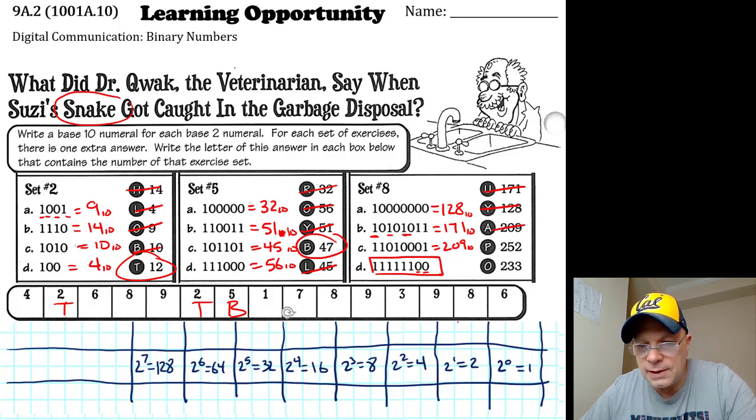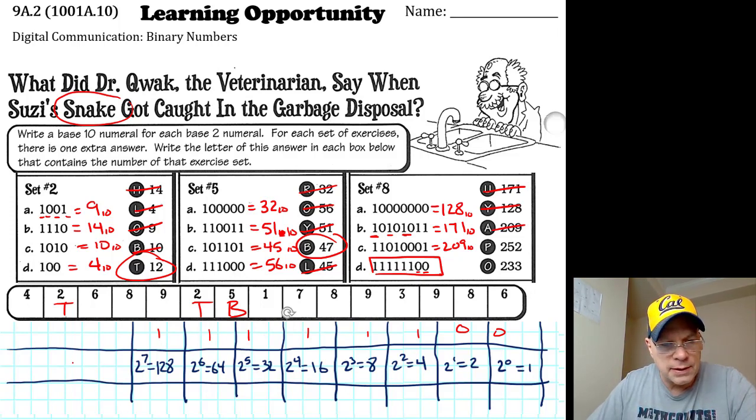These are not there. These are not there. But all this other stuff is there, all the way up to the 128. Now look, I don't want to play around with all these numbers. I want to think about what's the next place value up. 2 to the 8th must be twice as much as that, so 256.